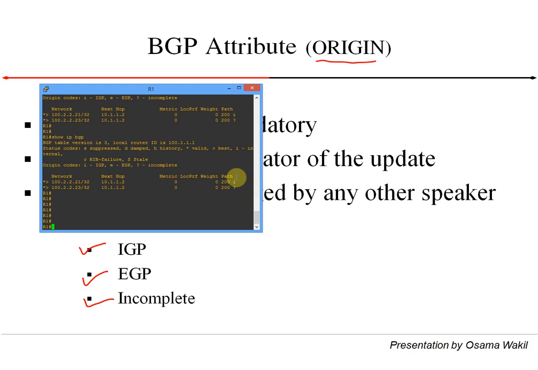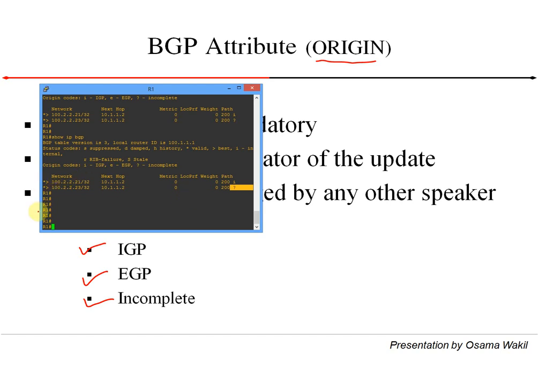We see over here the first one, I'm learning both of these from the same Nexthop, from the same router. The first one is I, meaning it's IGP, and the second one is a question mark, which means the origin is unknown, incomplete, or redistributed.